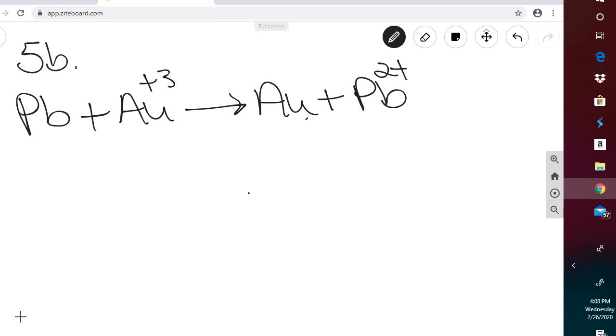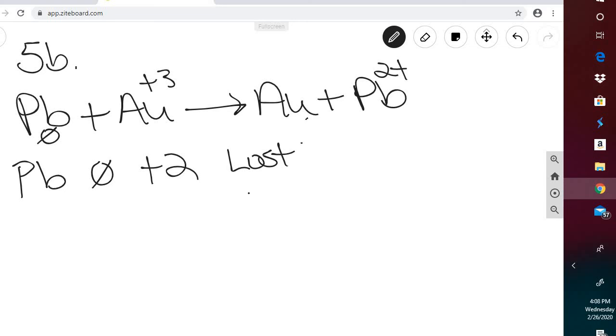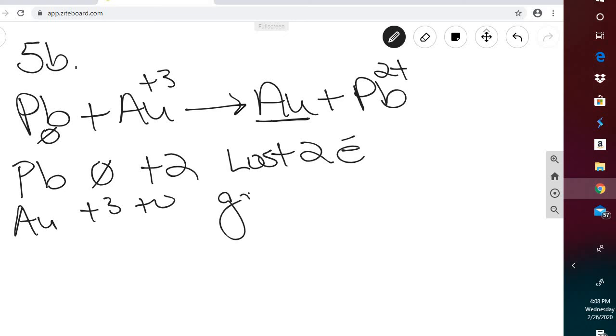Okay, so the lead went from 0, because it's an element, to +2. So it lost 2 electrons. The gold went from +3 to 0, so it gained 3 electrons.